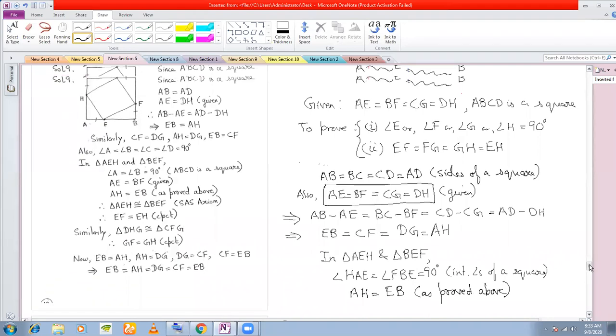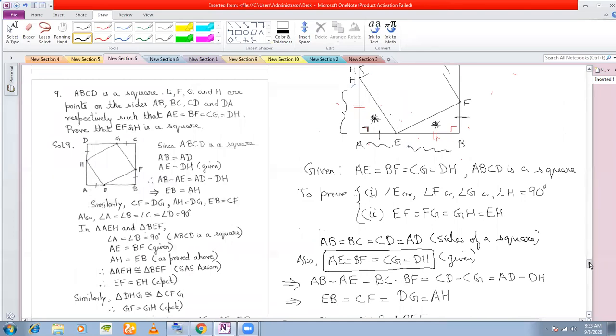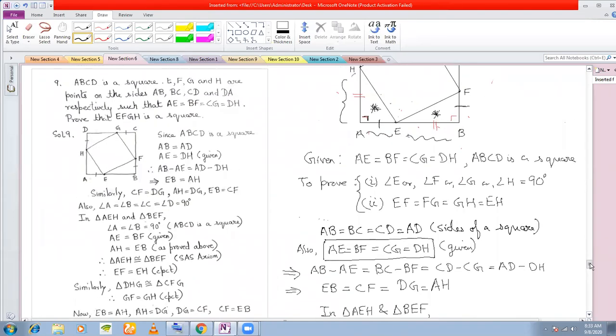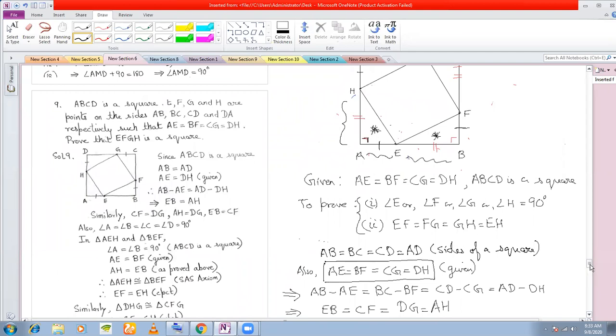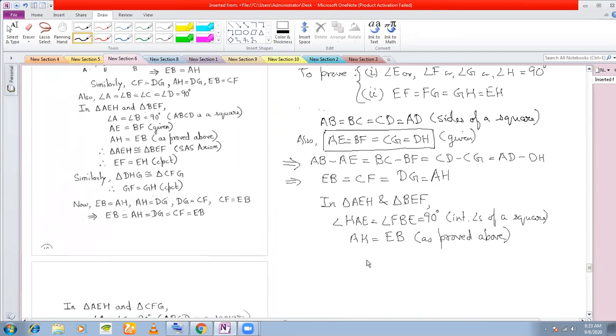Next, the black ones. AE is equal to BF. The sides AE and BF. This was given to you. Therefore, triangle AEH is congruent to triangle BEF. This is by SAS.